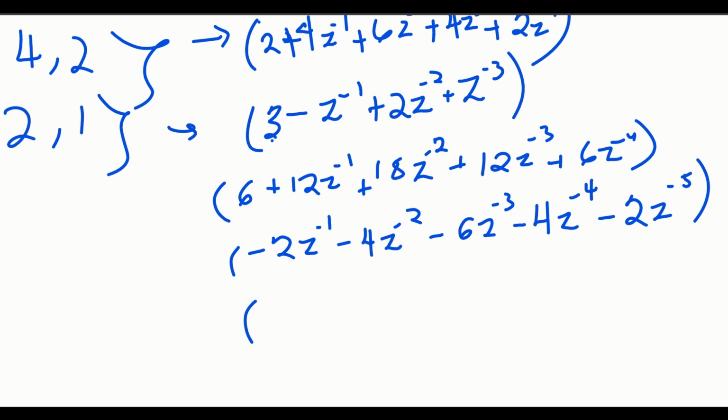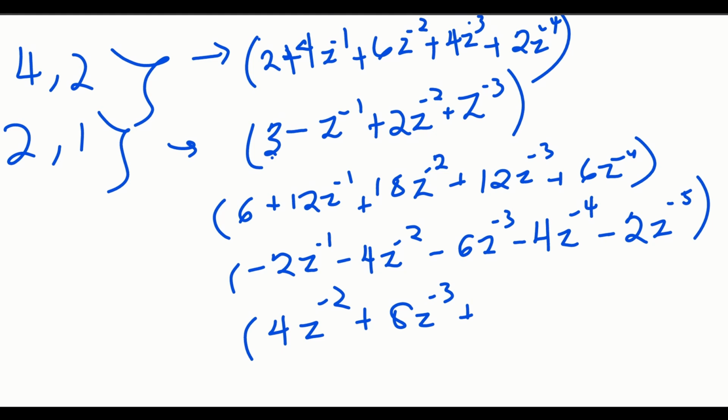So 2z^-2 times 2 gives me 4z^-2, plus 2z^-2 times 4 gives me 8z^-3, plus 6z^-2 times 2z^-2 will give me 12z^-4, plus 4z^-3 times 2 gives me 8z^-5, plus 2z^-2 times 2z^-4 will give me 4z^-6, I think.